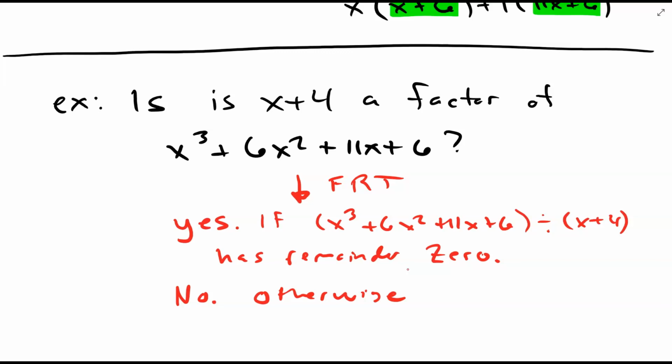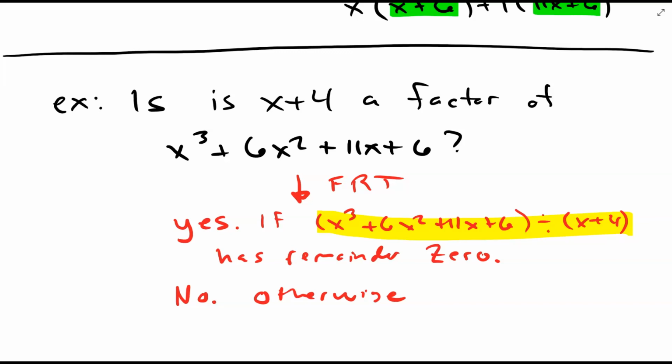Okay, well that's easy enough to do. We talked about polynomial division last semester. So let's worry about dividing these two polynomials. Last semester we talked about two types of polynomial division. We talked about long division and we talked about synthetic division. Which one of the two would be the best choice for this problem?